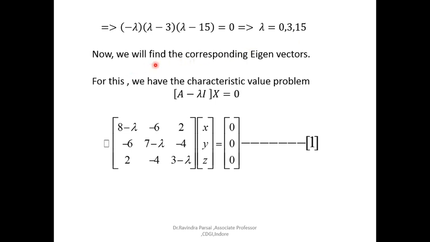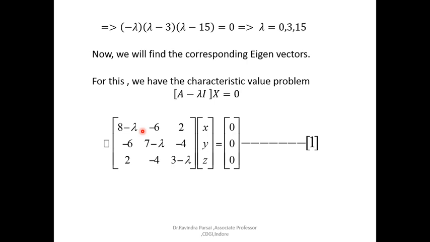In the next step we are going to find the corresponding eigenvectors. For this we take the characteristic value problem: you subtract lambda diagonally from the given matrix, take the unknown vector as x, y, z, and the right hand side is 0, 0, 0.